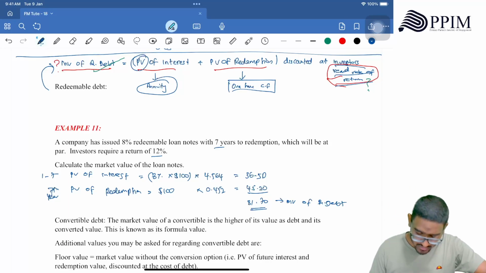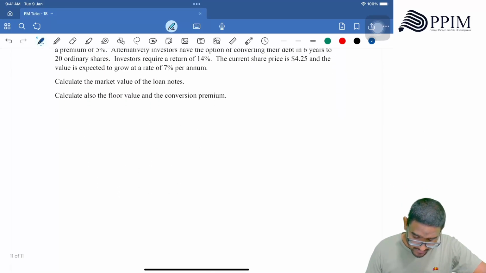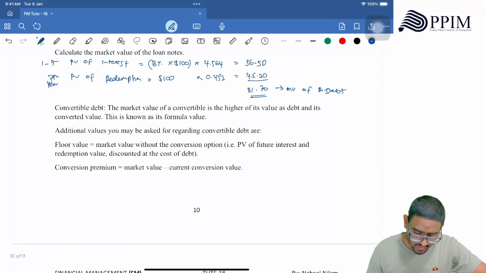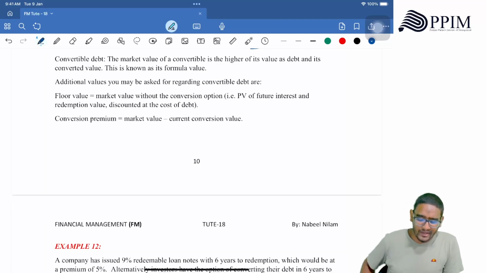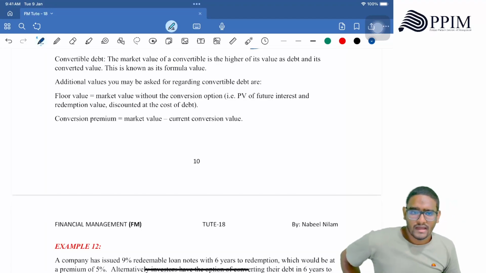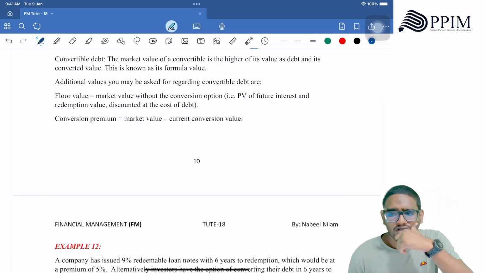Okay, finished. Okay, so the last one is looking at something called convertible. Now, what is the main characteristic of convertible? You're given an option. What is the option? Either to redeem your debt or convert the debt into equity.